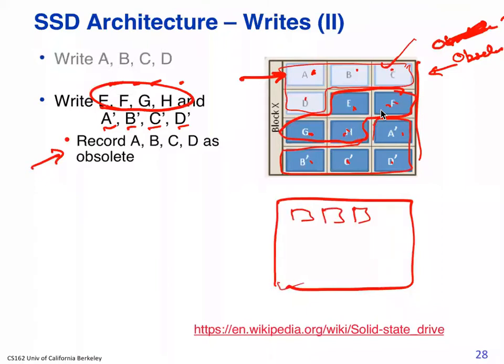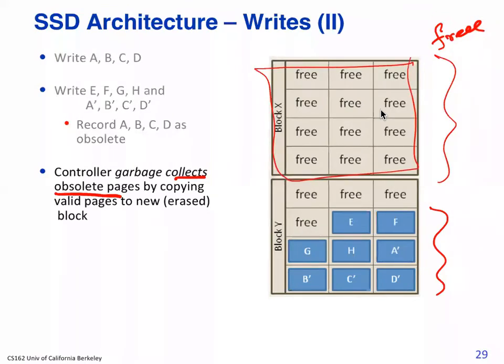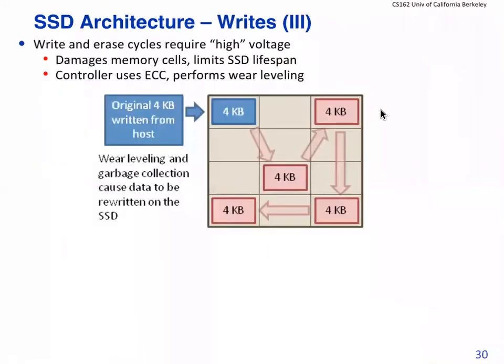Then it can make this complete block available by moving the valid data here to this block, like the one shown here, and this can make this block free. So everything can be erased and then rewriting can happen.